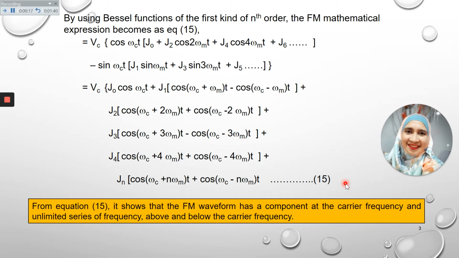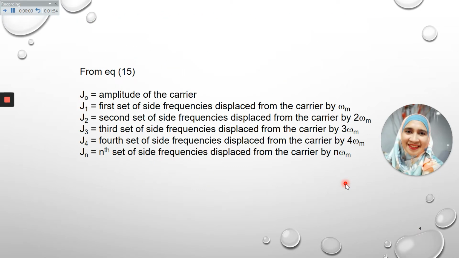From equation 15, it shows that the FM waveform has a component at the carrier frequency and an unlimited series of frequency above and below the carrier frequency. Okay, from equation 15, J0 is the amplitude of the carrier. J1, the first set of side frequency displaced from the carrier by omega m.